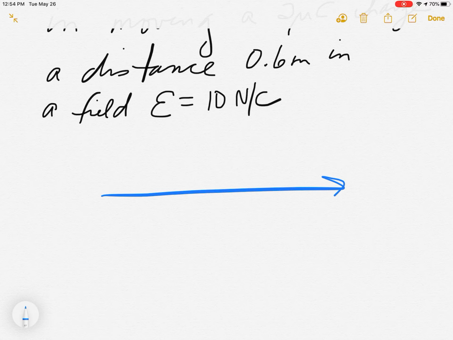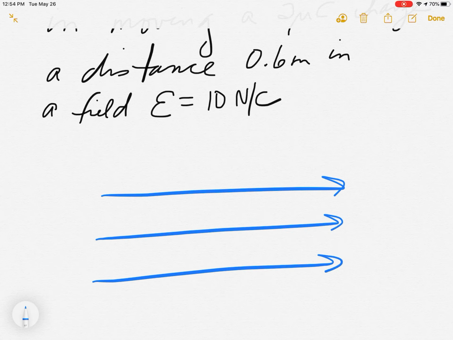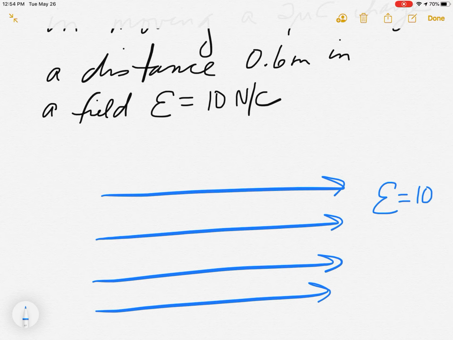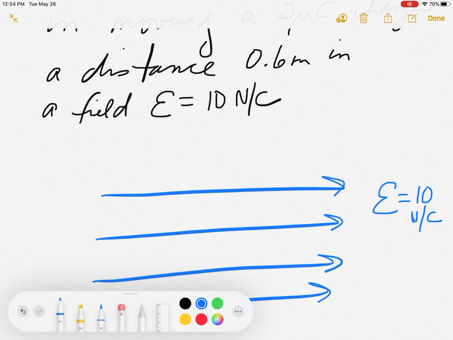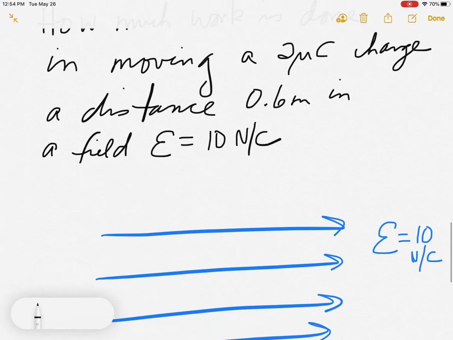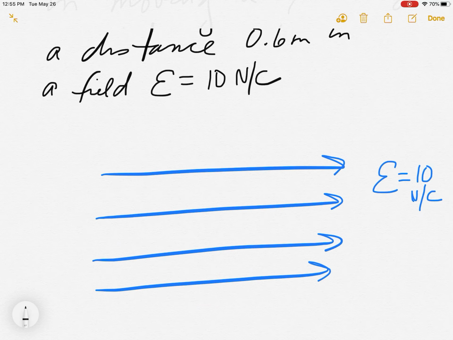Okay, what does this mean? Well, it means there's a field. We'll just draw it this way. There's the field, E equals 10 newtons per coulomb. And we have an object in here, and we want to move it. How much work is done?